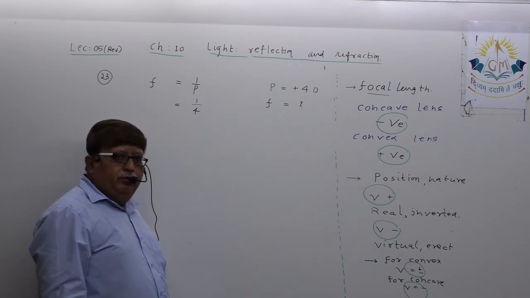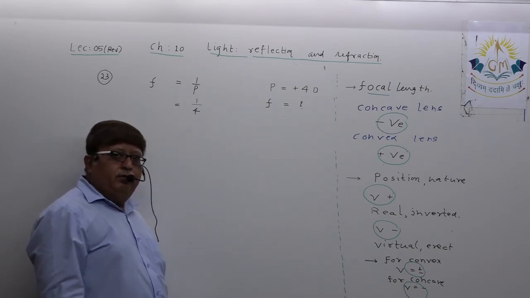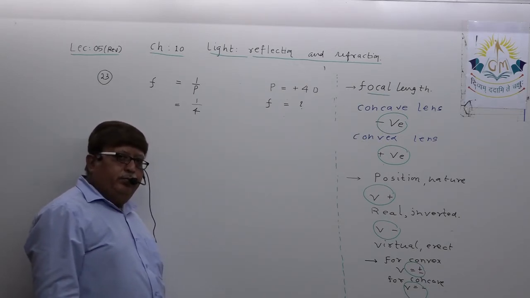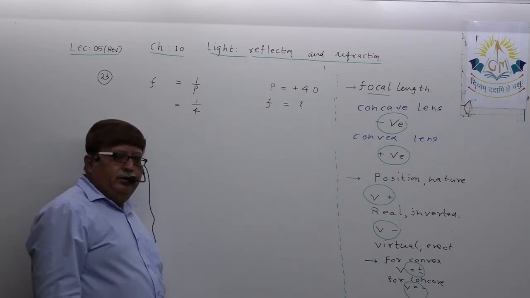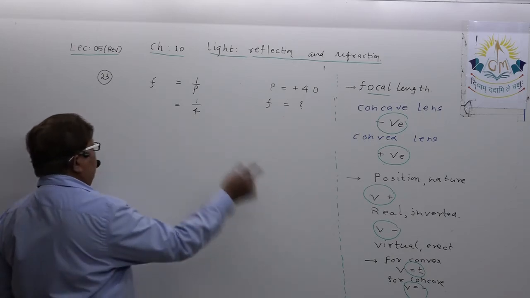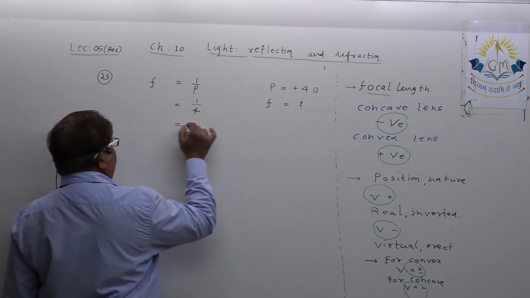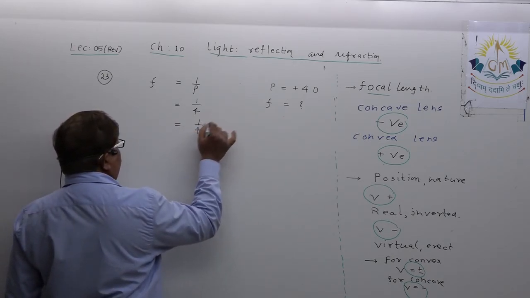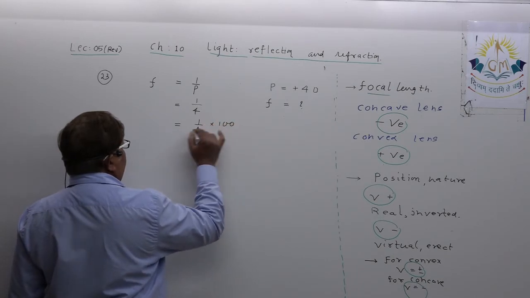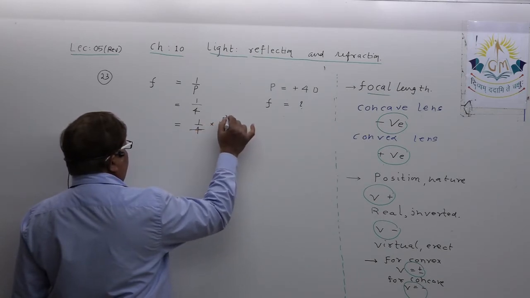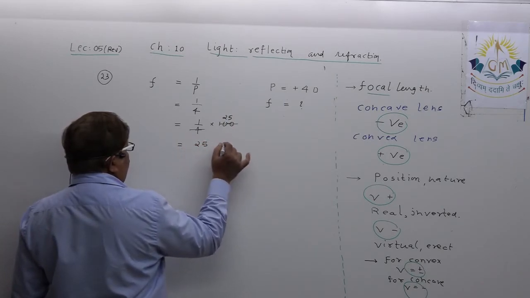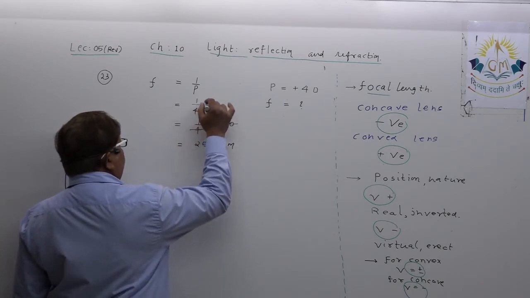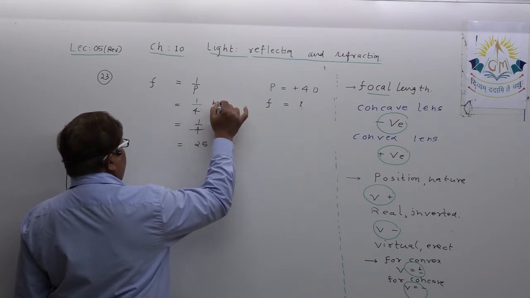But as you all know, whenever you find focal length from the power, it is always in meter. So we need to convert it into centimeter. So simply just multiply by 100, cancel it out. You got the focal length 25 centimeter. This is clear, dear student, in your mind?